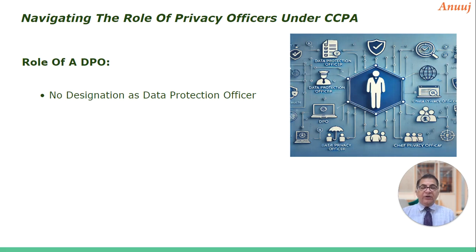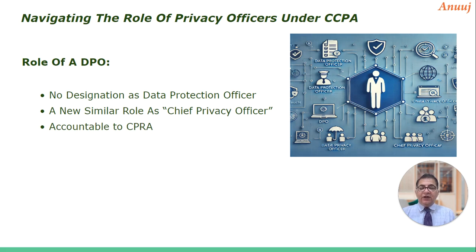The role of a DPO in California: officially there is nothing called DPO in CCPA. The role is called Chief Privacy Officer when it comes to Californian law, and he is accountable or answerable to CPRA, the California Privacy Rights Act of November 2020 that we saw in the previous slide.